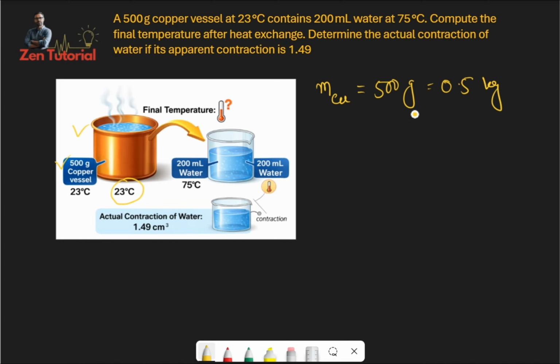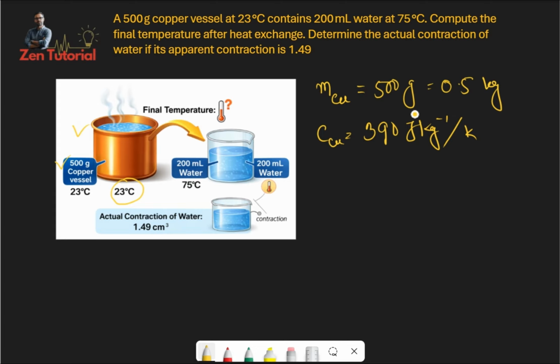And indeed, we have to have the data of a specific heat for the copper, that is 390 joule per kg per Kelvin. Let's say this is C of Cu.